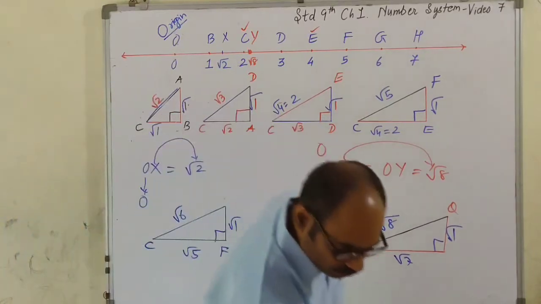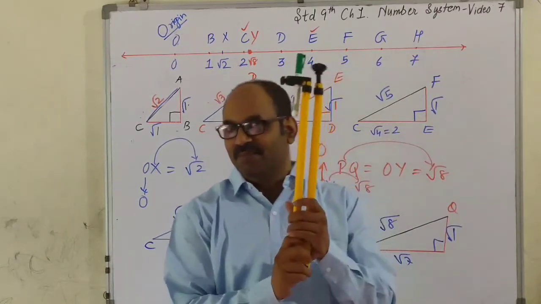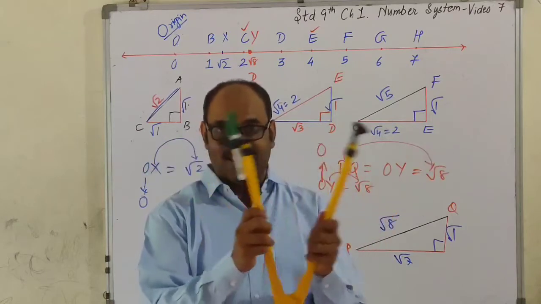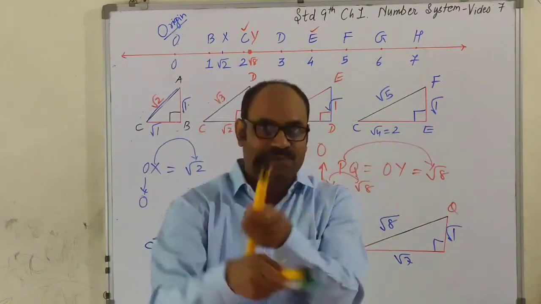Before that, we'll see the use of this pair of compass, also called a rounder, correct? This is a rounder because it gives you a circle, it helps you draw something round.